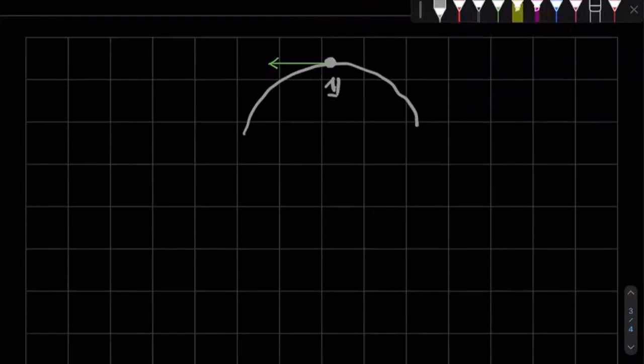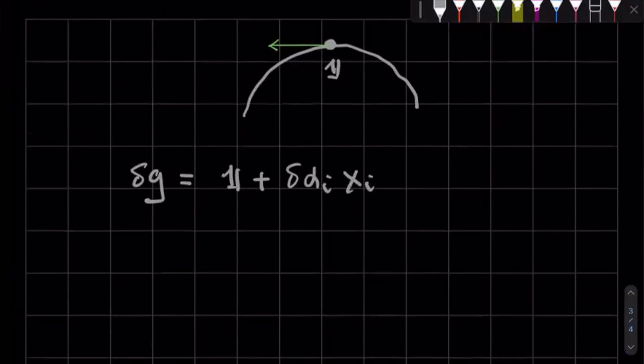So what we say is that we had a very small group element, say delta G, and this was given by 1 plus delta alpha_i x_i. Now, what if I apply this n times?